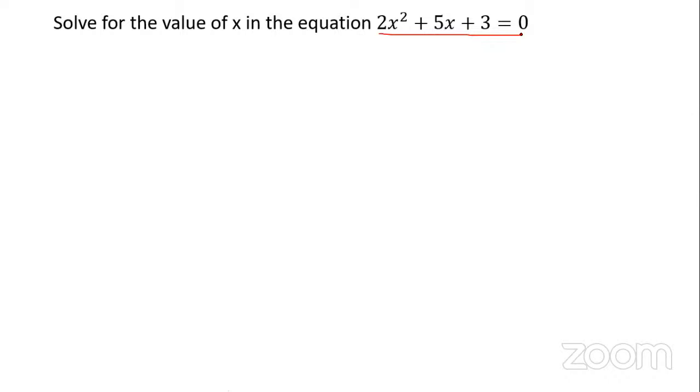So we are now requested to solve the value of x in the equation 2x squared plus 5x plus 3 equaling 0. Are you seeing the difference between this equation and the previous equations?